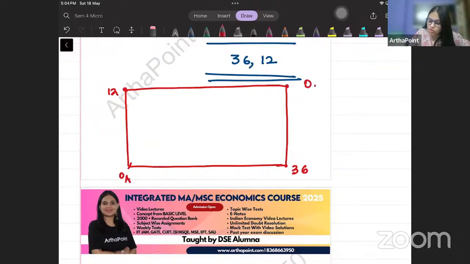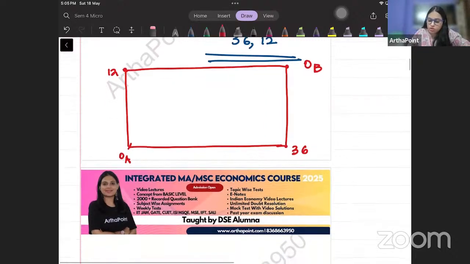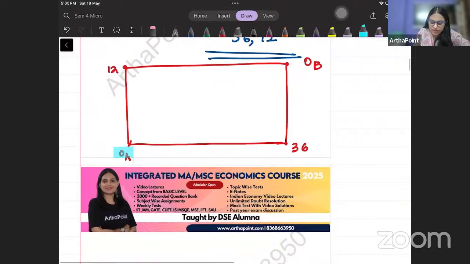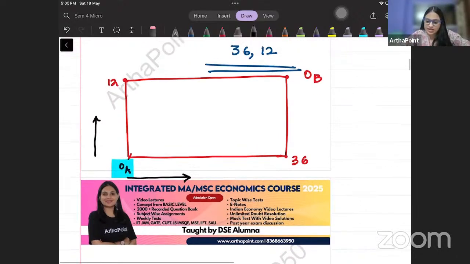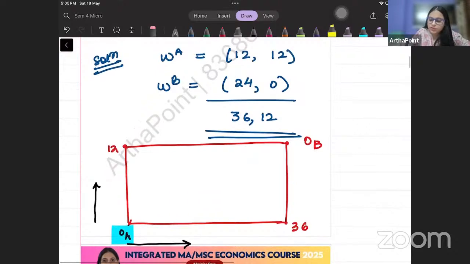And this is the origin of individual B. Many of you are still confused how to check the origin and how to calculate the bundle for individual A and B. तो बहुत ध्यान से देखो. जब मैं individual A की बात कर रही हूँ, so this is my origin. I will go like this and like this. Right? So if you realize, the endowment bundle of individual A is 12, 12.